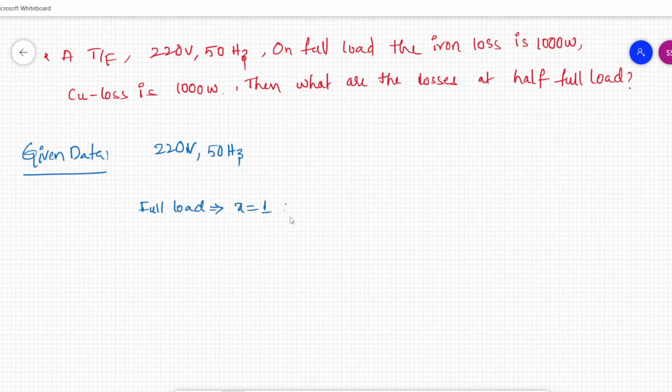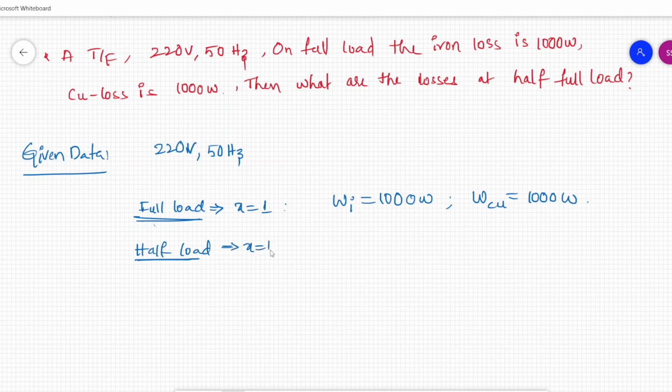On full load, x equal to 1, iron losses are equal to 1000 watts, copper losses are equal to 1000 watts. Now on half full load, what are the values of these two losses? For half load, x is taken as 1 by 2. So what are the values of iron losses and copper losses? So this is the question. How can you find this?